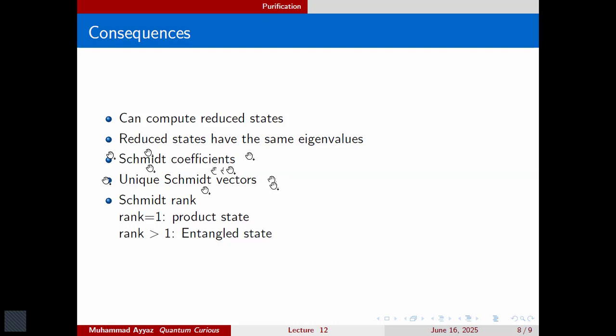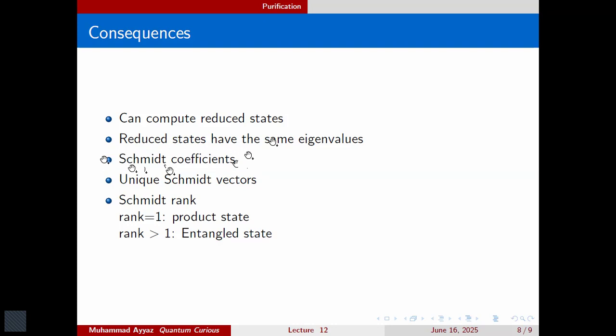And there are unique Schmidt factors. So if we have only one Schmidt coefficient, and so we are working in eigenbasis with only one eigenvector, in this case the Schmidt vectors would be unique. On the other hand, if we have more than one Schmidt coefficient and they are degenerate, like they have different eigenvectors, then we could have more than two or three Schmidt vectors.